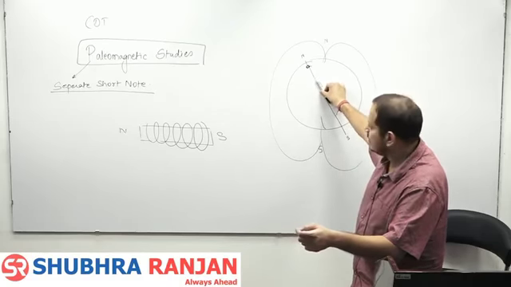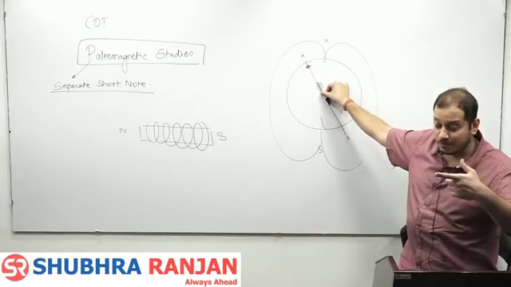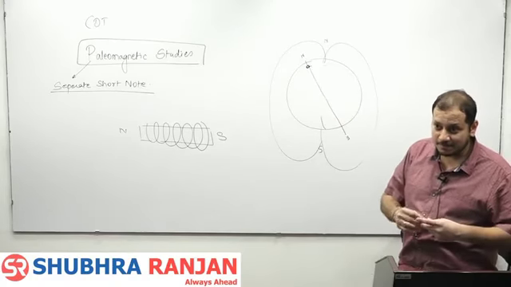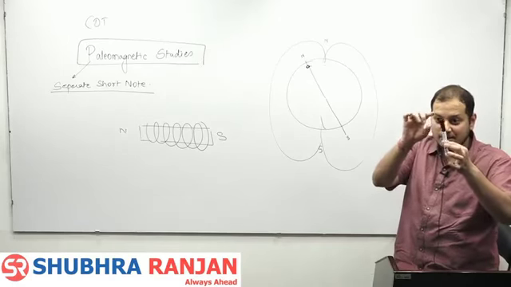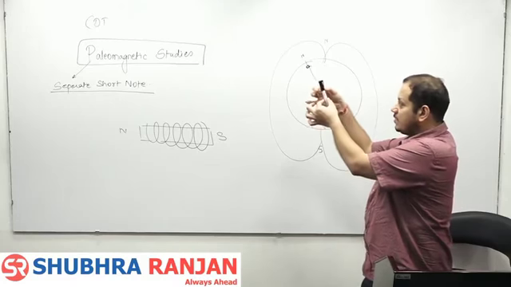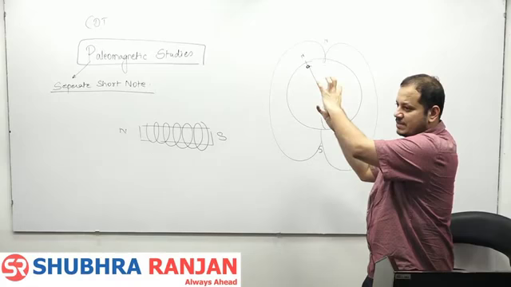Flip means north is becoming south and south is becoming north. Of what? Not the earth's pole, the earth's magnet. Understanding this? There is a complete reversal in the direction of the magnetic field. If this is the north pole and this is the south pole, it will shift to the east, and then one day change the direction.